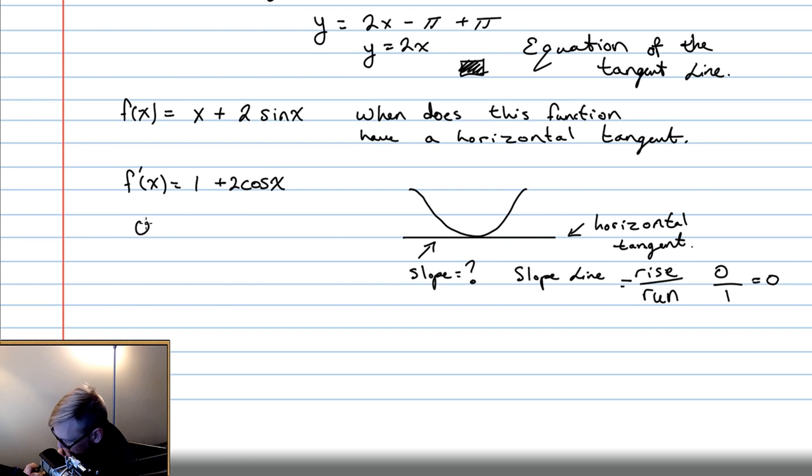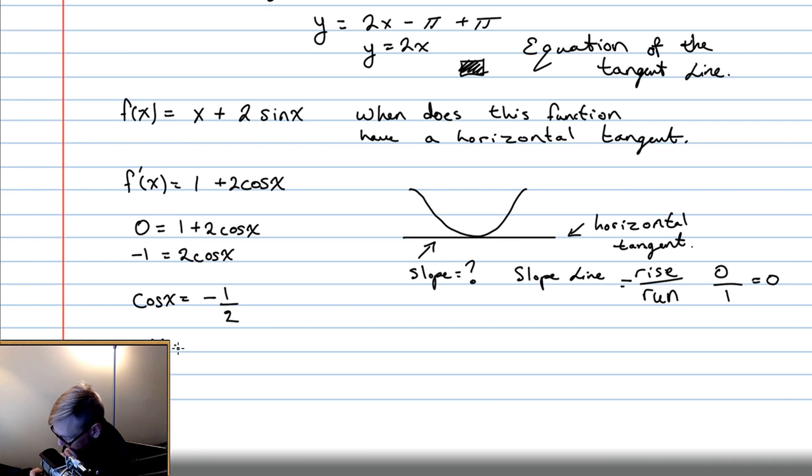So we'd go 0 equals 1 plus 2 cosine of x, because that's when the slope is a horizontal tangent. So we've got -1 equals 2 cosine of x. Divide by 2, so cosine of x is equal to -1 over 2.